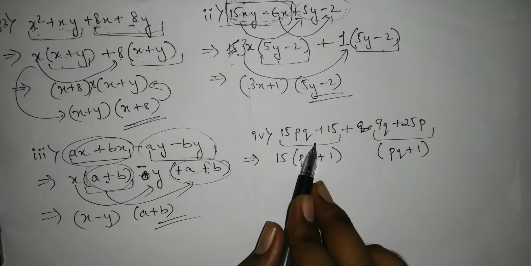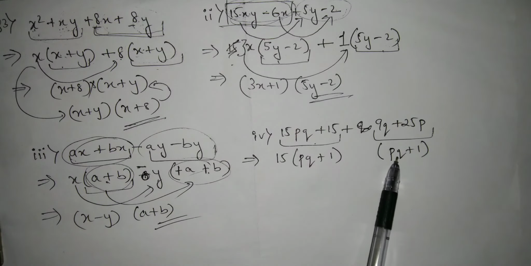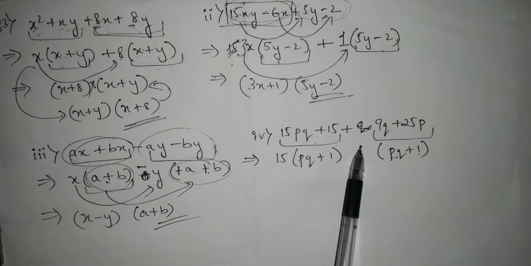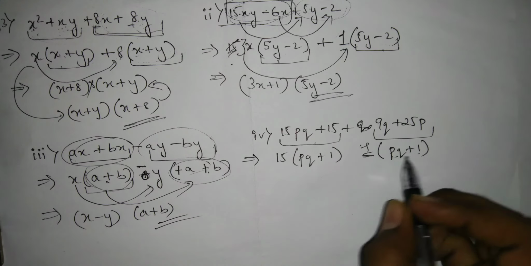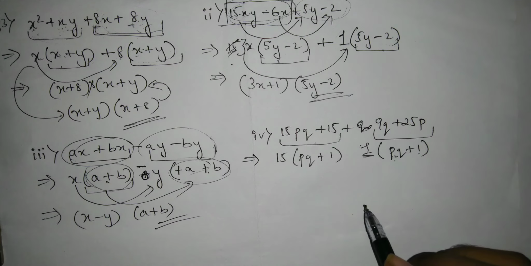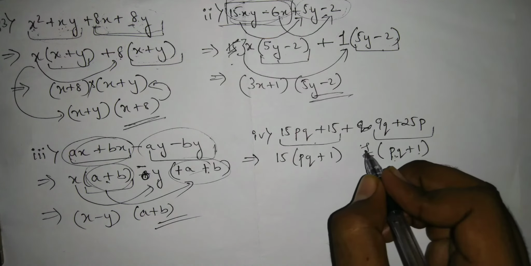I have taken pq common from here. So in this problem you will observe that, in order to get pq plus 1, you cannot place some constant here. See, if I place 1 here, I will not get the 9, correct?